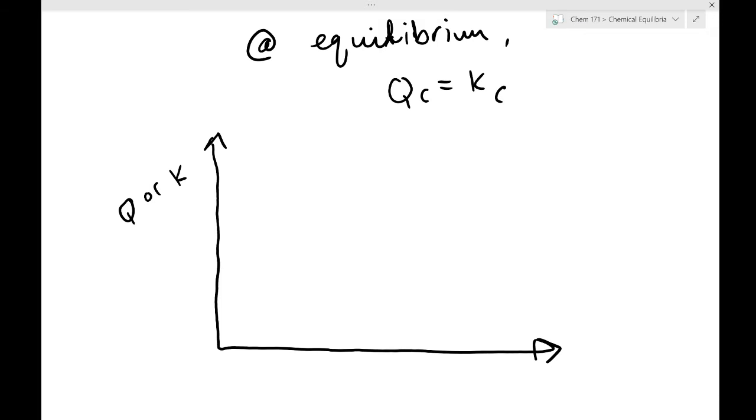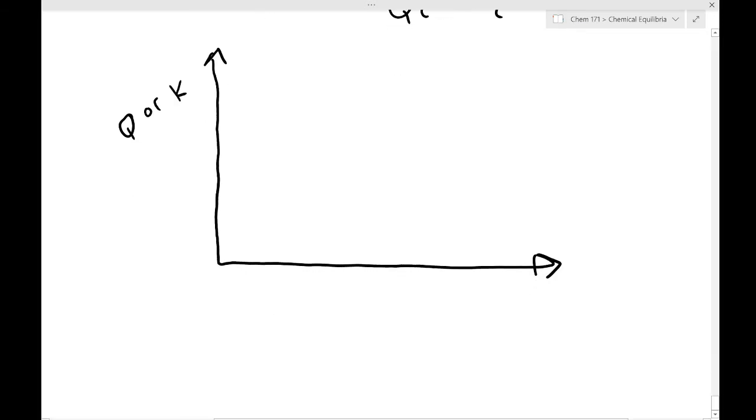Let's do this for the generalized reaction A goes to B. Q is equal to B over A. And let's say that K is equal to 1.45.